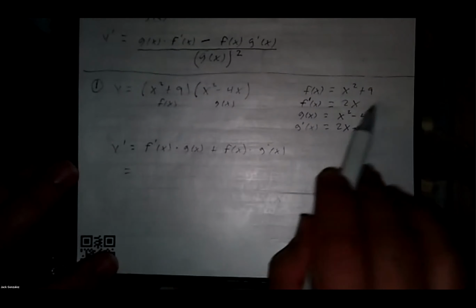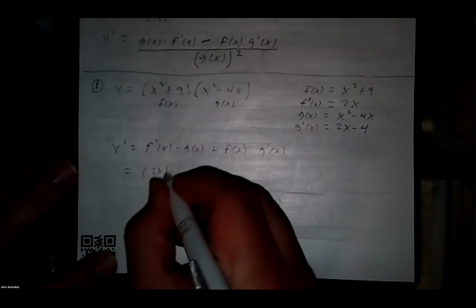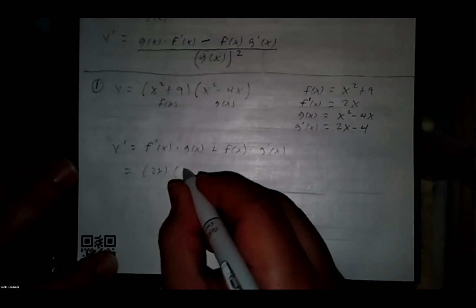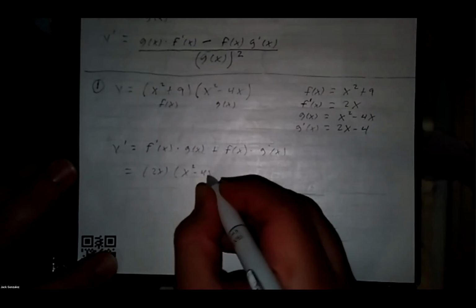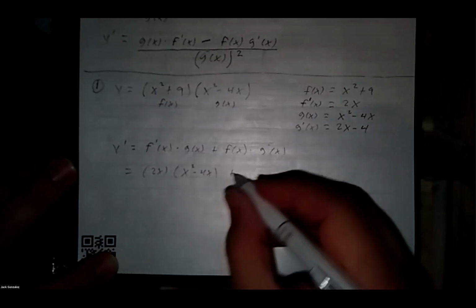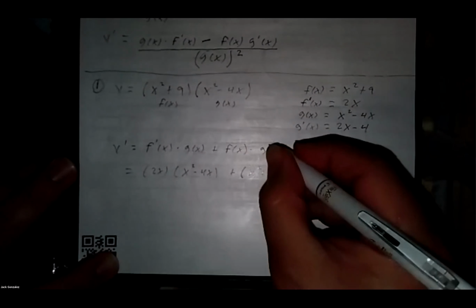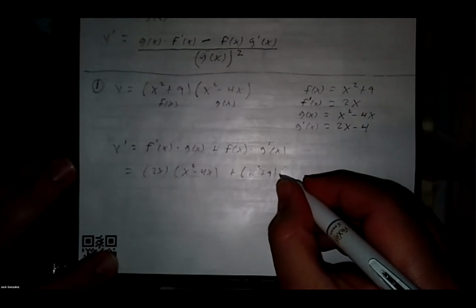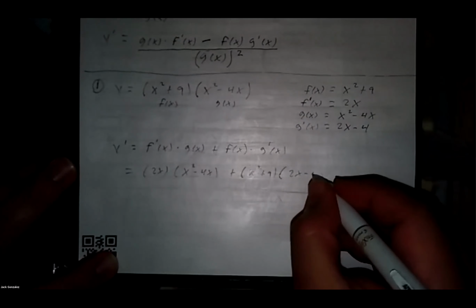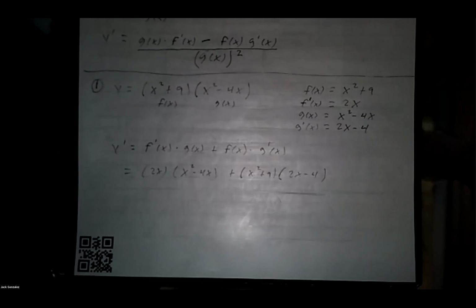So that will be 2x times g, which is x squared minus 4x, plus f, which is x squared plus 9, times g prime, which is 2x minus 4. Focus a little bit.